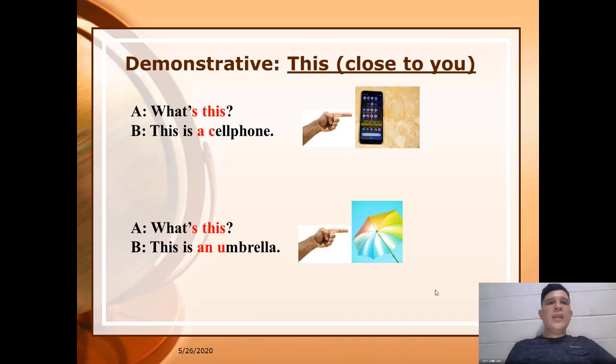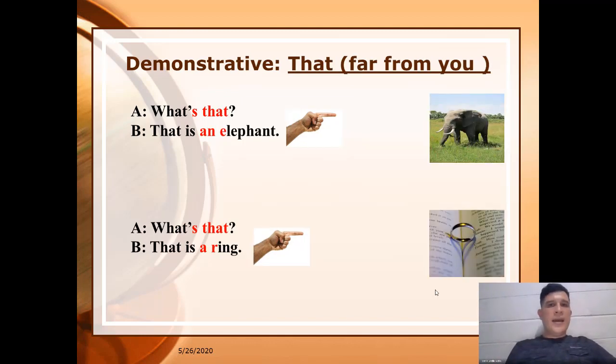And then we have that, right? That is for things that are far from you. So if you look at the difference, the first one, we have the pointing finger, right? Close to the object. Then we have that, it is far from you, or it is far from the object.